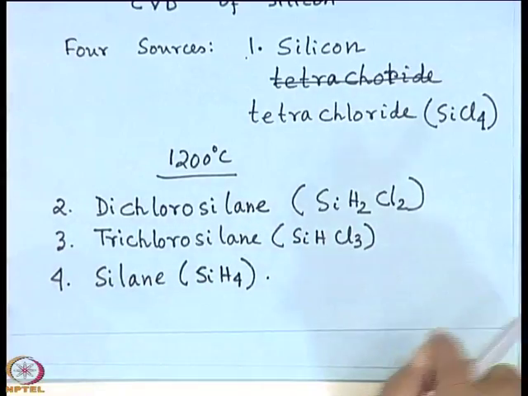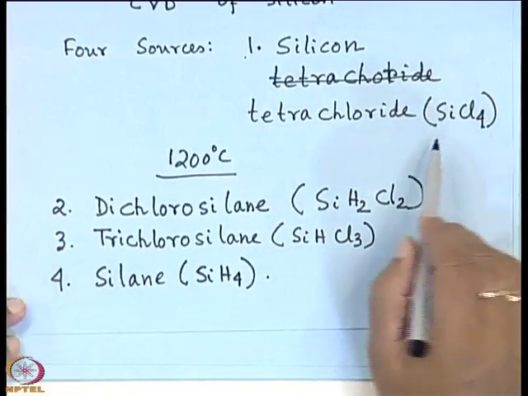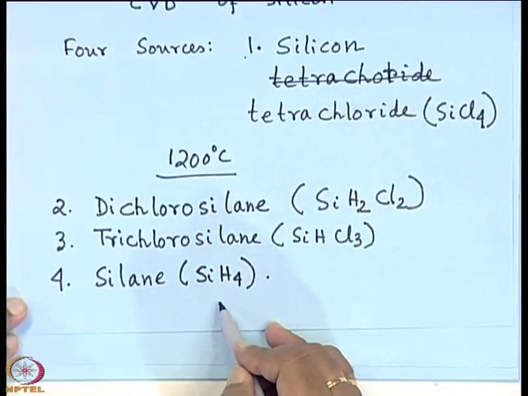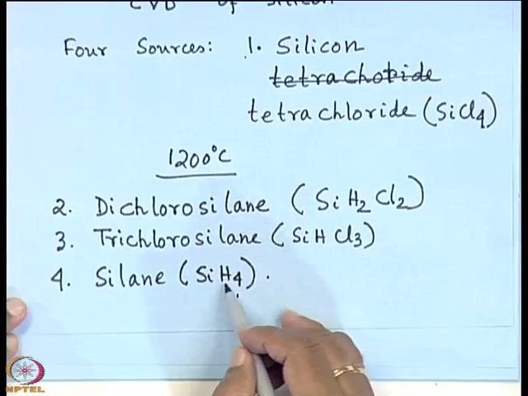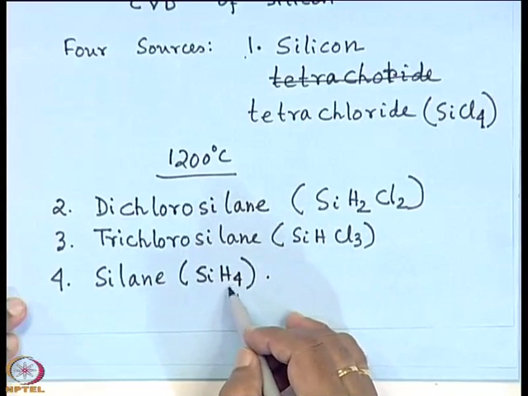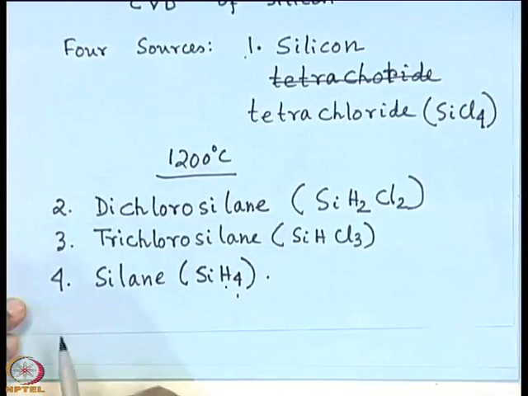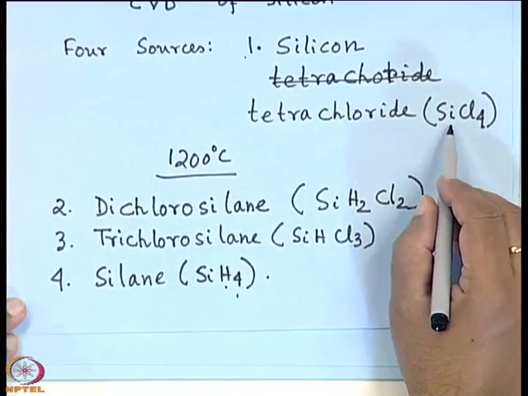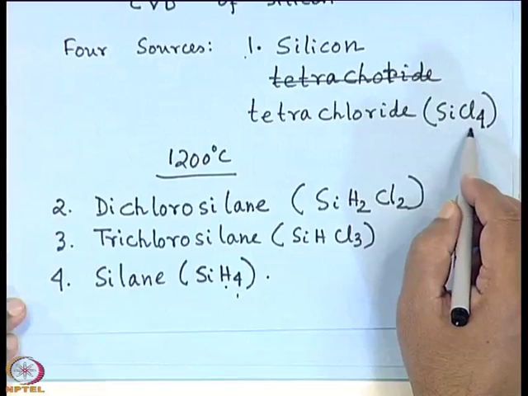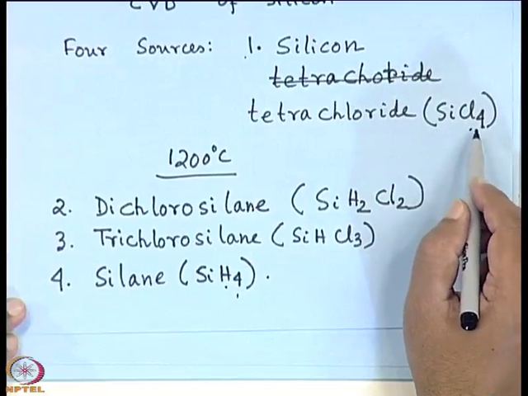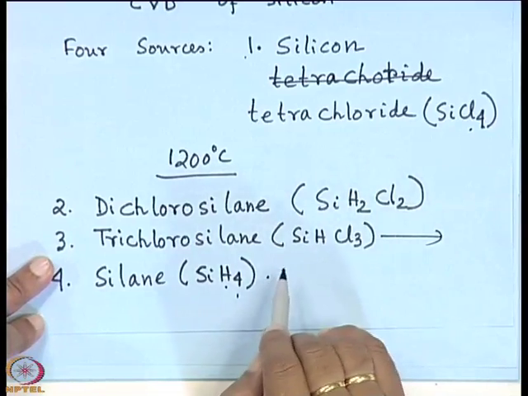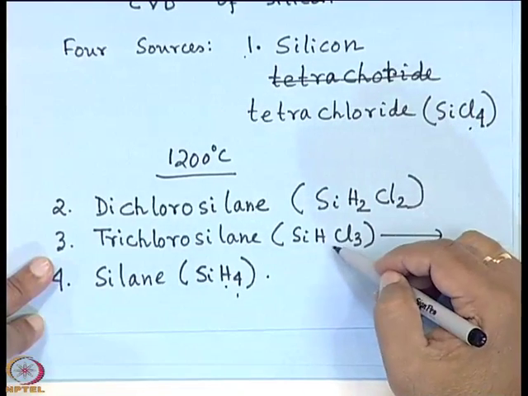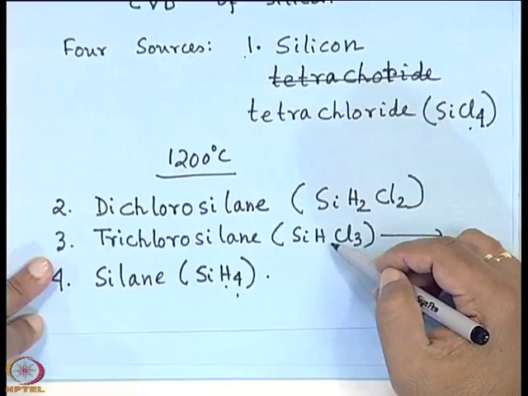Okay. Now, what do we see? We see that if we start from silane, SiH4, in this case Cl is replaced by H, or if we start from SiCl4, Cl is replaced by H. Here you see that in trichlorosilane one chlorine is replaced by one hydrogen.